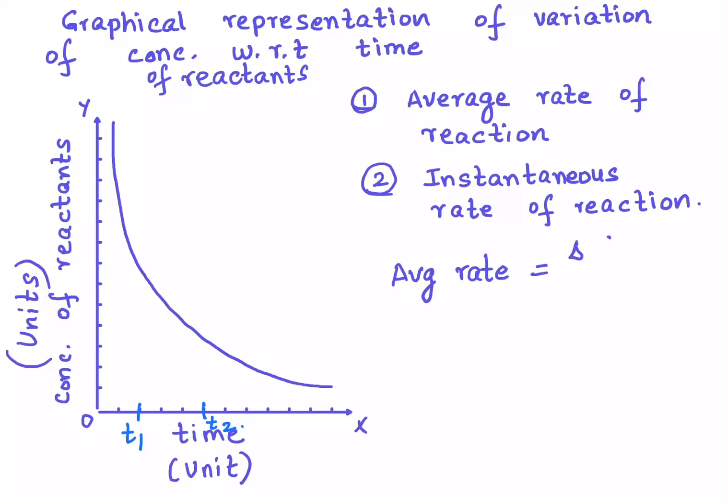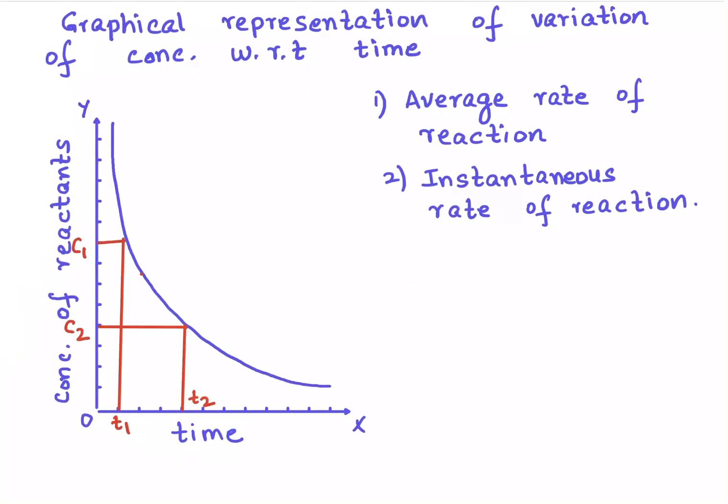So delta R divided by delta T, and don't forget the negative sign. We are going to justify the negative sign again. So let's see how we do that in the graph.